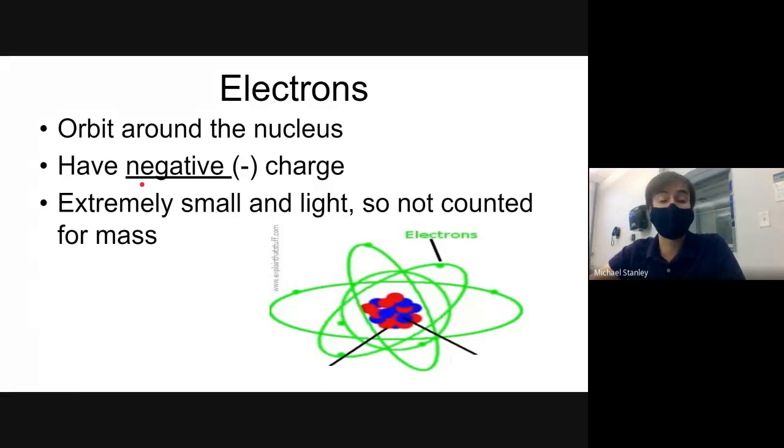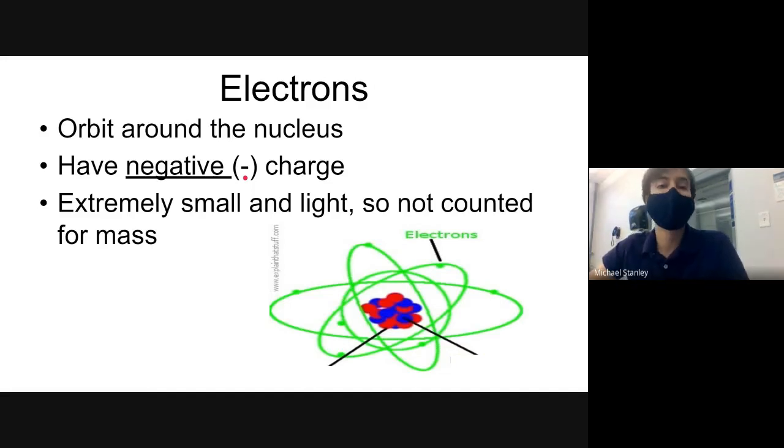So the way that I try to remember this is that electrons, you might recognize that word because it kind of sounds like electricity. And that's because electricity is made up of electrons. And so if you ever get shocked by electricity, that's going to be a very negative experience, right?